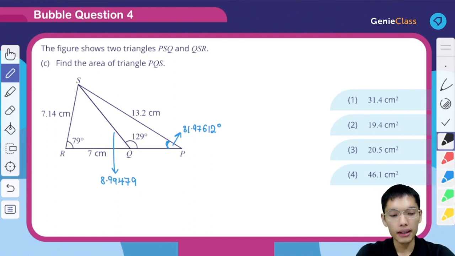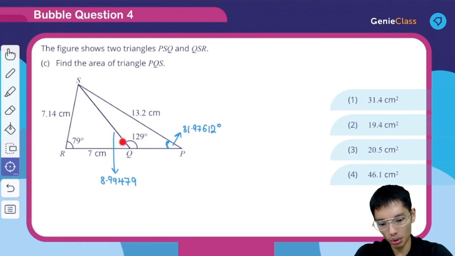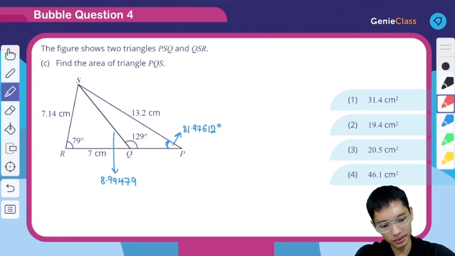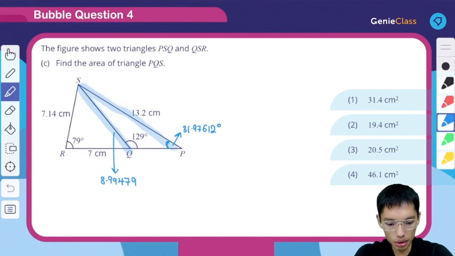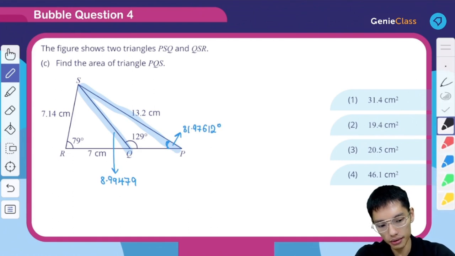Okay, remember, some of you may have said, okay, I have my angle, I have my two sides, I straight away use it. But take note, is the angle the one included by the sides? These are my two included sides. Is it with the included angle of 31.97612? No, right? Included angle, recap, it has to be this particular angle over here.